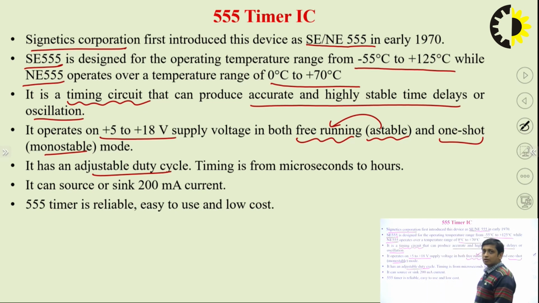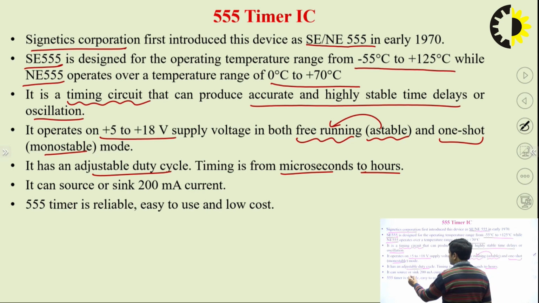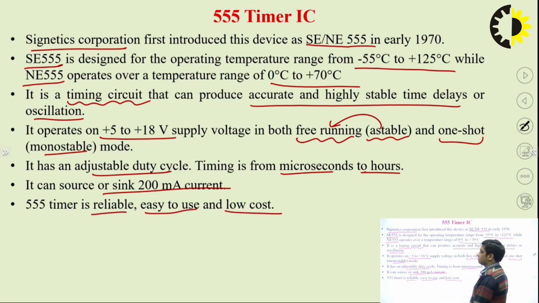Just by changing the value of external resistor and capacitor, we can change the duty cycle, and the timings generated by a 555 timer IC range from microseconds to hours. And 555 timer IC can source or sink 200 milliampere current, and the advantages of 555 timer IC are that it is reliable, easy to use and low cost.